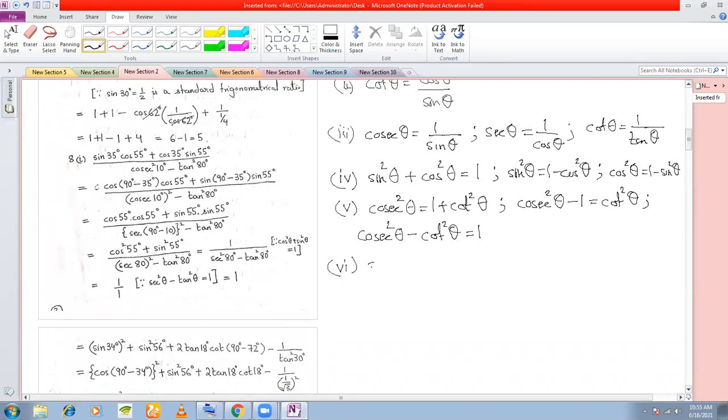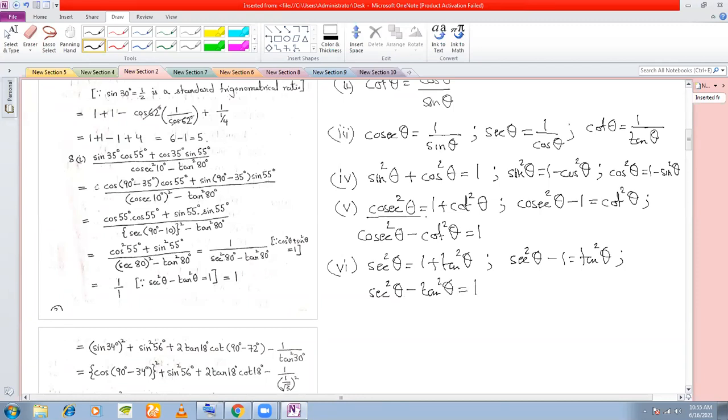And the last one, sec square theta is equal to 1 plus tan square theta. We'll also be using sec square theta minus 1 is equal to tan square theta, and sec square theta minus tan square theta is equal to 1. All these we shall be using.